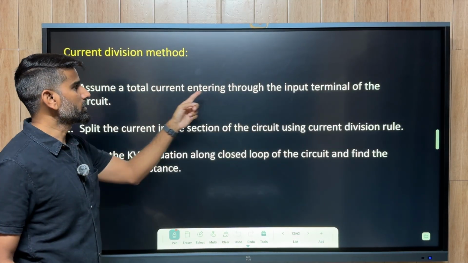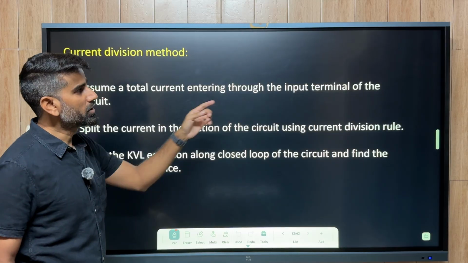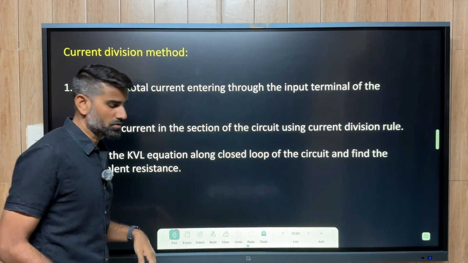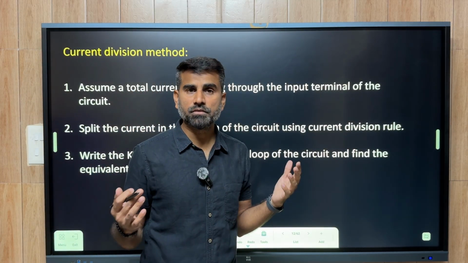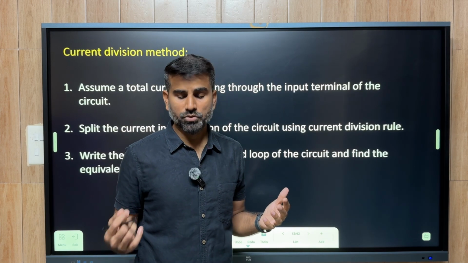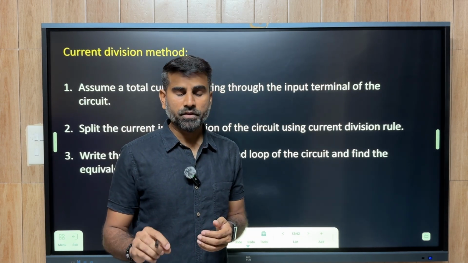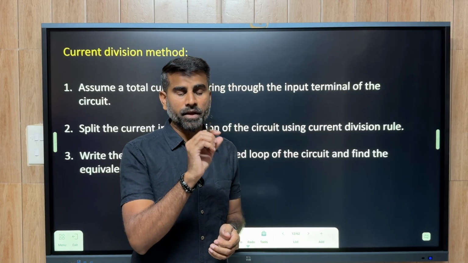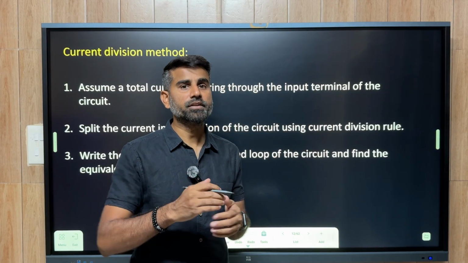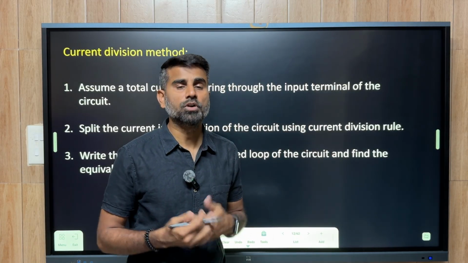Assume a total current entering through the input terminal of the circuit. Let us say you are given a circuit. So from a voltage source, energy source, current is coming and reaching a terminal where it enters into many branches of the circuit.